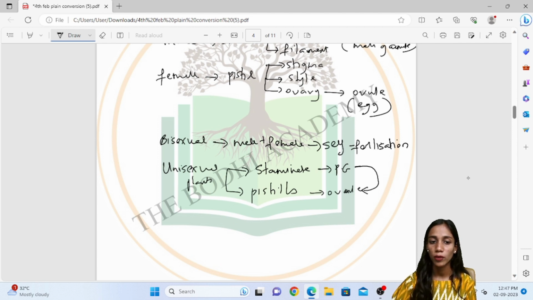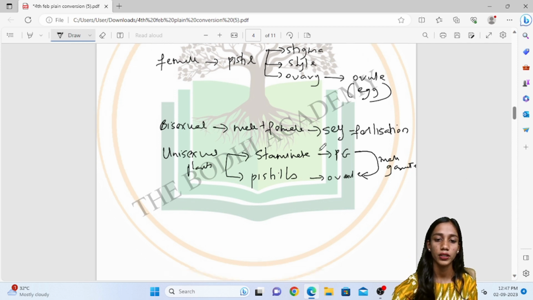The pollen grain from this flower has to transfer its male gamete to the ovule of the pistillate. Now, how does this happen?